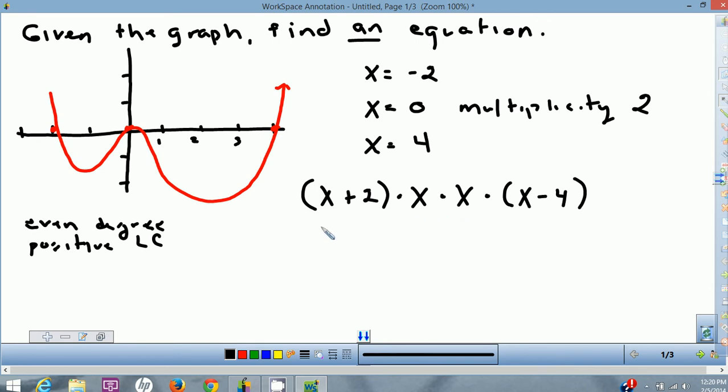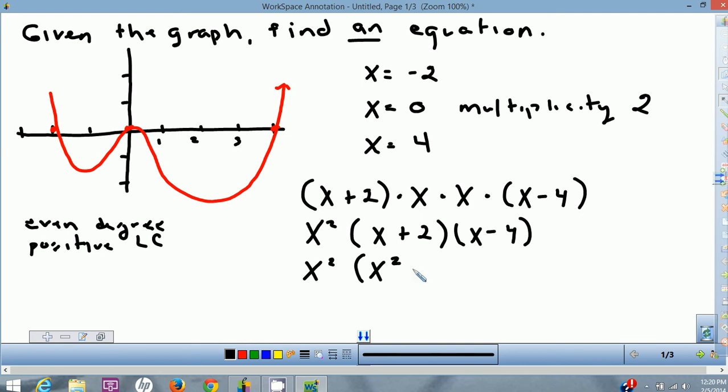Well, let's put these two together, make this x squared. So now I have x squared times x plus 2 times x minus 4. Well, if I want this in standard form, what am I going to do next? Well, I'm going to FOIL this. So when I FOIL that, I get x squared times x squared minus 2x minus 8.